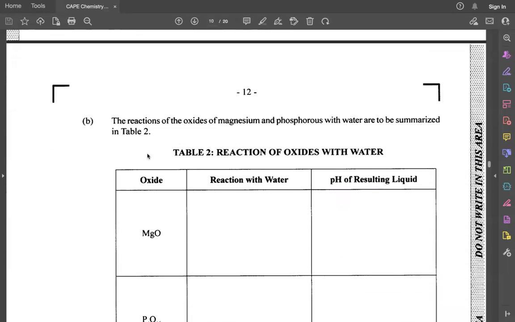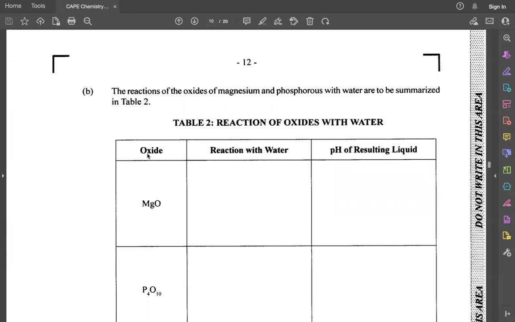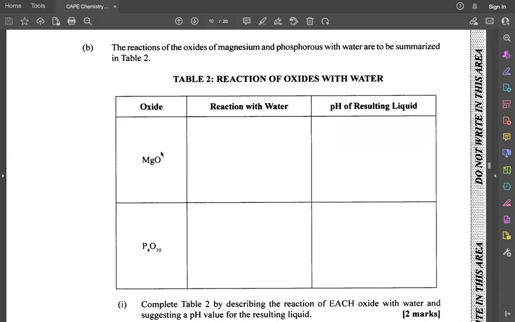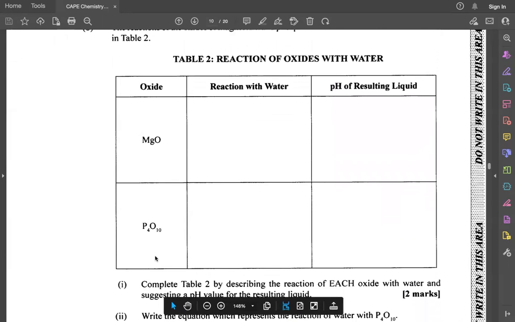So this part now, part B, is focused on the reactions of oxides of magnesium and phosphorus with water, right? So we're looking at how the oxides of these period 3 elements react with water. So in the first row, we have the oxide, magnesium oxide, and then we have P4O10.